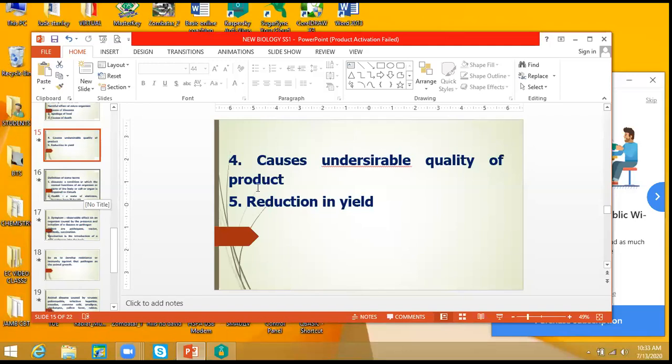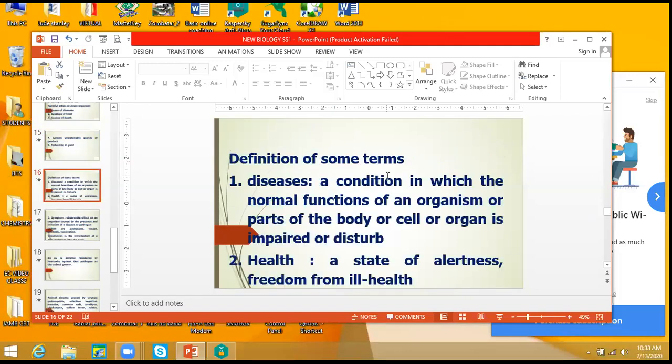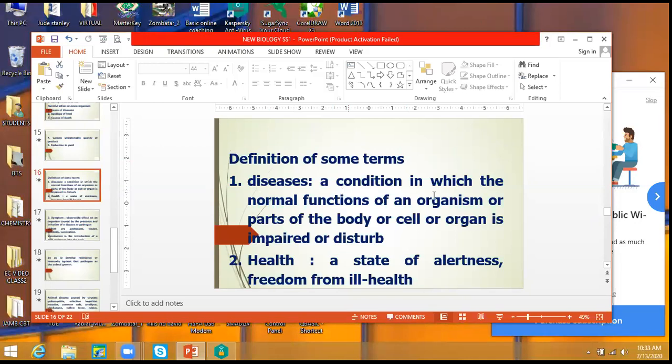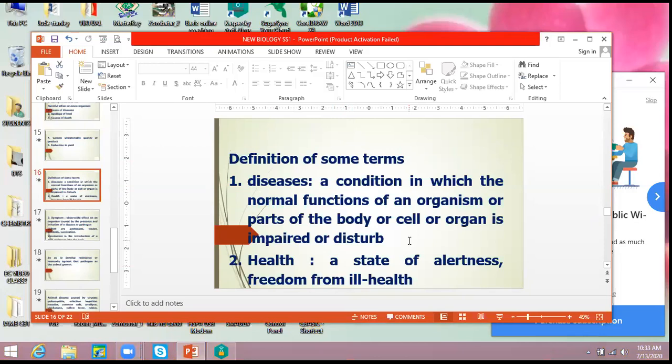Then the next one is definition of some terms under this topic, diseases. What is a disease? A disease is a condition in which the normal functions of an organism or part of the body or cell or organ is impaired or disturbed. When part of your organ or body is impaired or disturbed, we say that person has contracted or is infected with a disease.